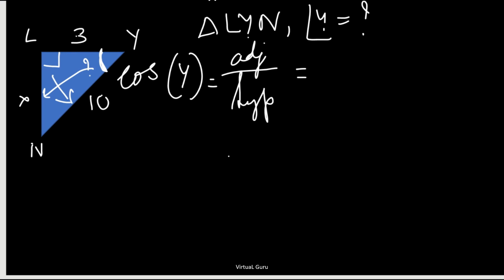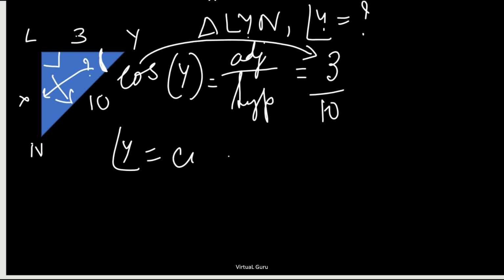So the side adjacent is 3 and the hypotenuse is 10. Then angle Y is nothing but, bring the cos to the right hand side, that is cos inverse of 3 by 10.